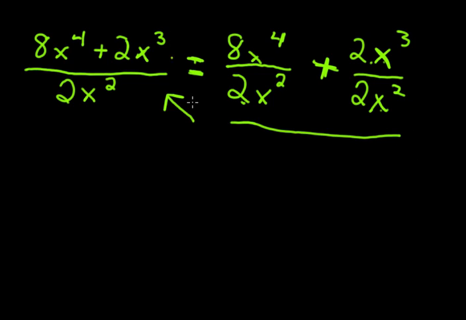Well, what's nice about this is I get two terms, an orange term and a blue term here, that are monomials divided by monomials, which we've already done.